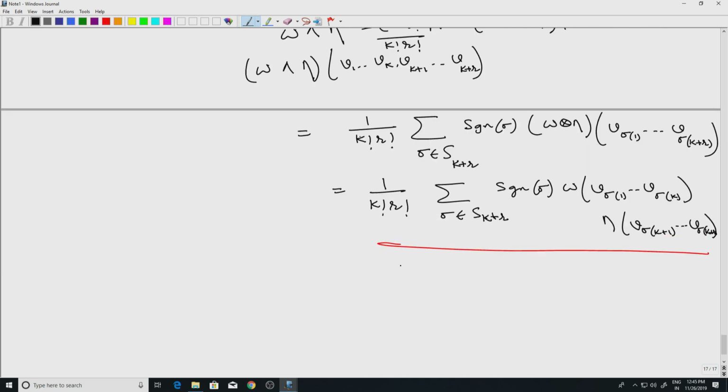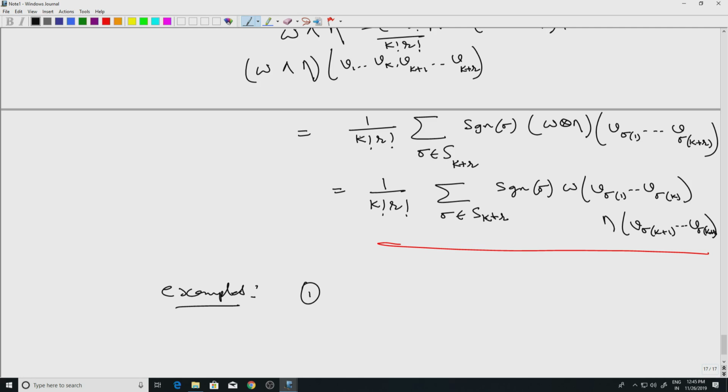Now, let's look at some examples before we move further. So let's take one forms.